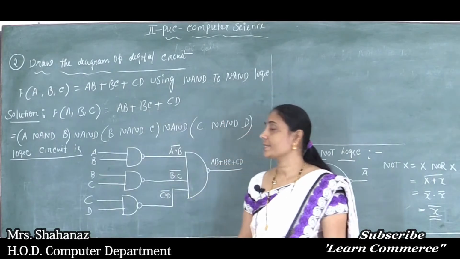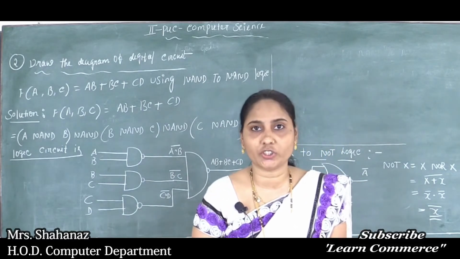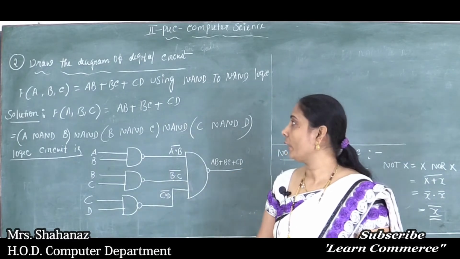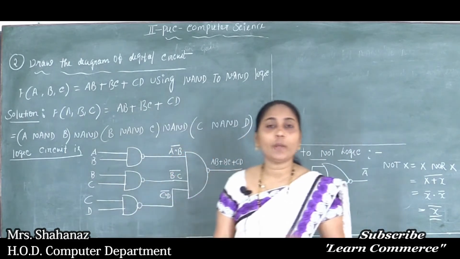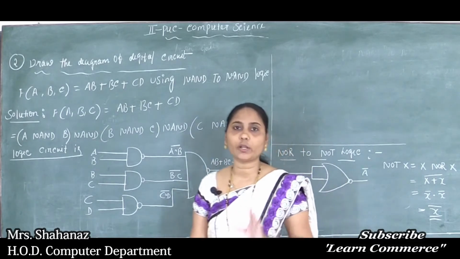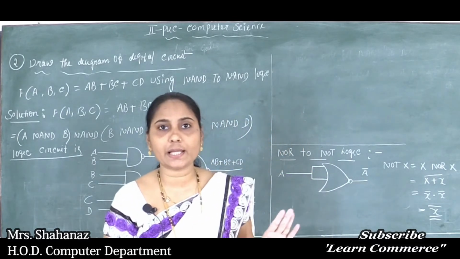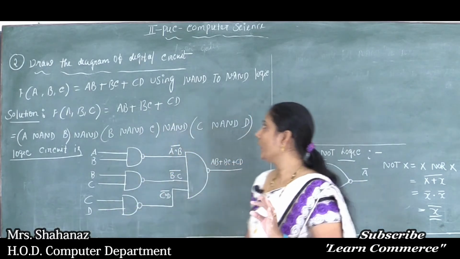Now the second example for the design rule for NAND to NAND logic. We know that we derive the expression using the sum of products, and whatever gate it is, maybe the AND gate, OR gate, NOT gate, anything, everything is going to be replaced with the NAND gate only. Okay.